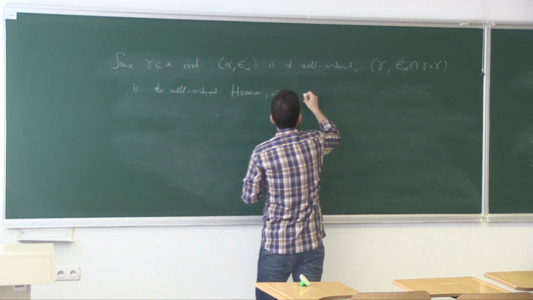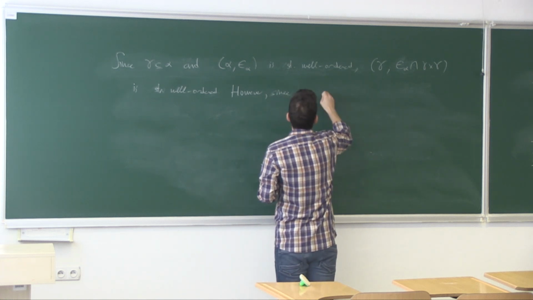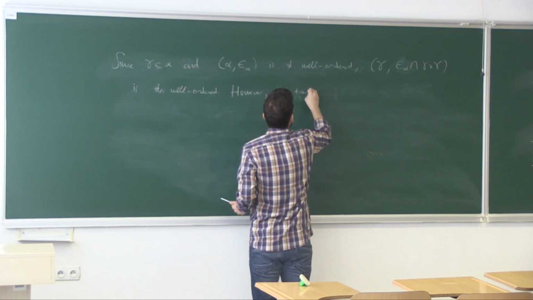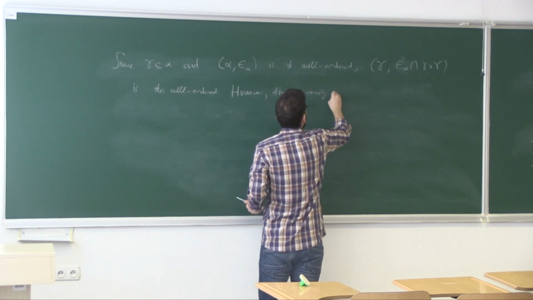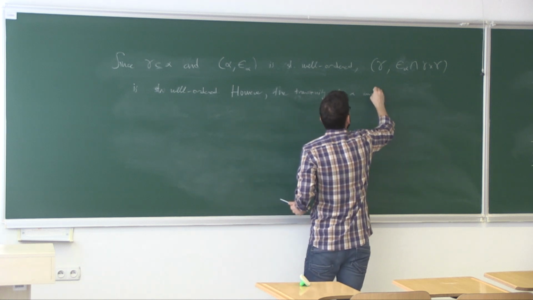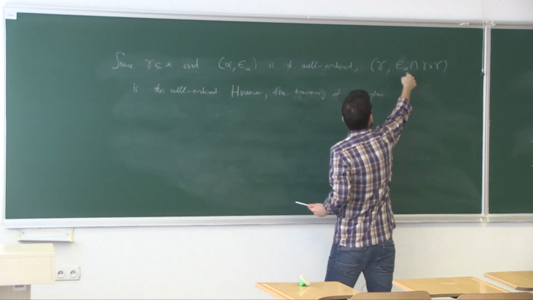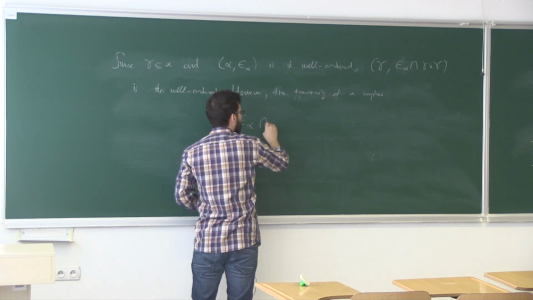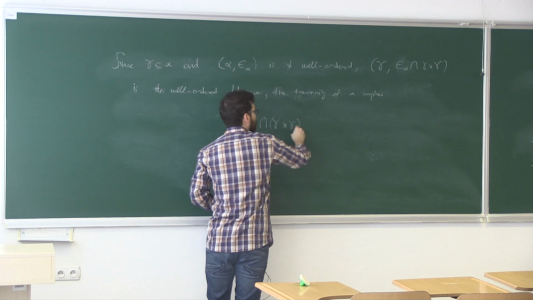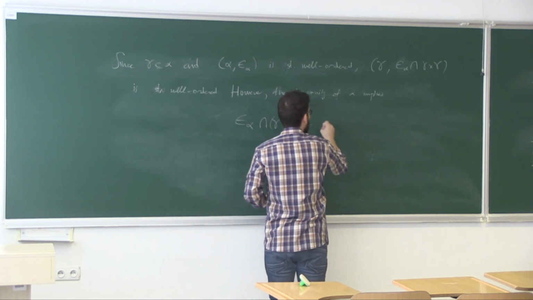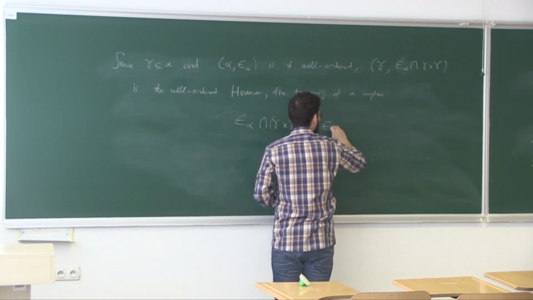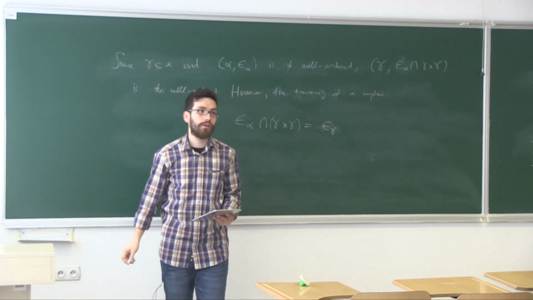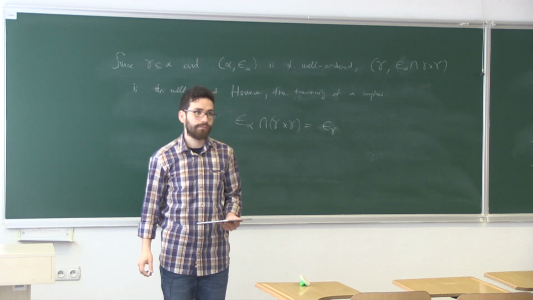However, since the transitivity of alpha implies, you see, this relation, the restriction of the membership relation on alpha to gamma is the same as the membership relation on gamma itself.